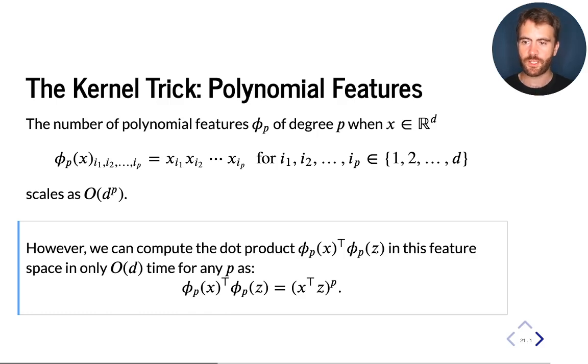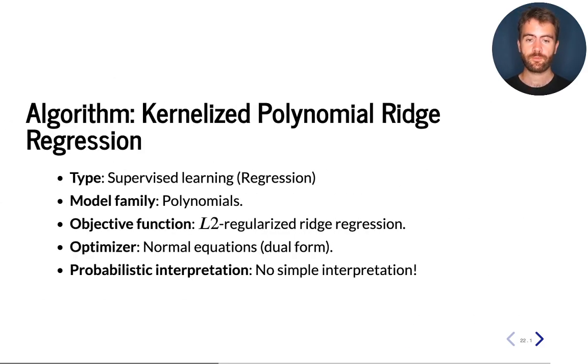As long as I use that dual formula in every case, it doesn't matter if I have features of degree p, or features of an arbitrary degree, and it will still be linear. This is a very powerful idea.